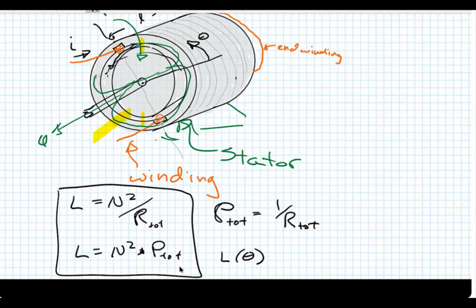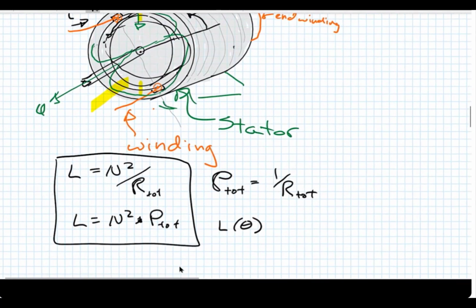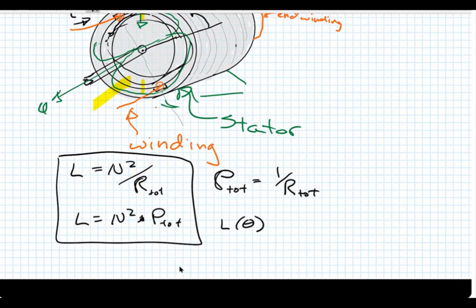You can imagine this thing lining up over here. So the gap length is moving, and you remember that reluctance is equal to the gap, we'll call it g, over mu naught times the area of the gap. And so the permeance would be mu naught times the area of the gap divided by g.